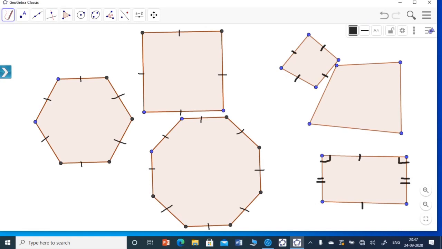In rectangle, all angles are equal but sides are not equal. Therefore, it is an irregular polygon. In rhombus, all sides are equal but all angles are not equal. Therefore, it is an irregular polygon.